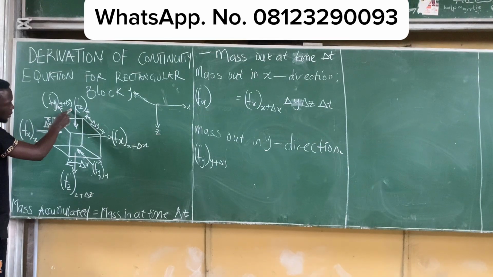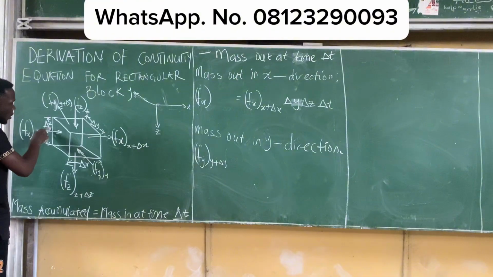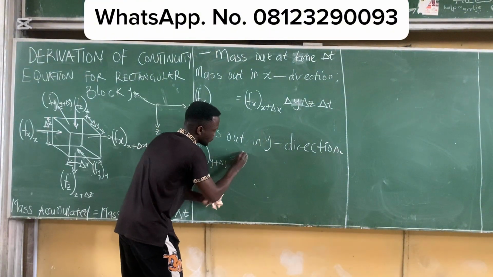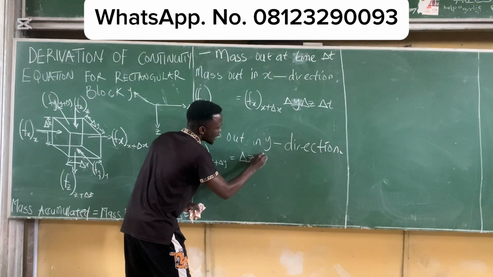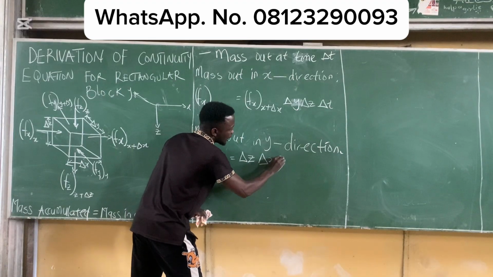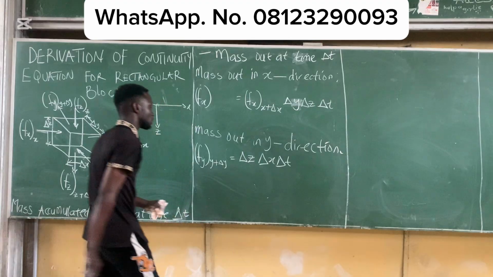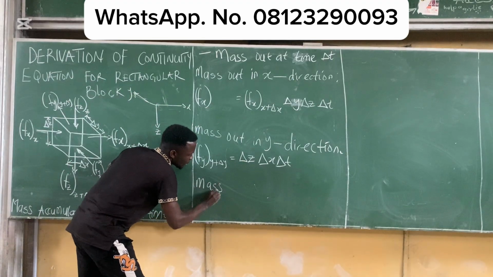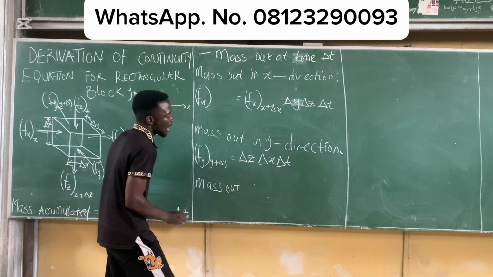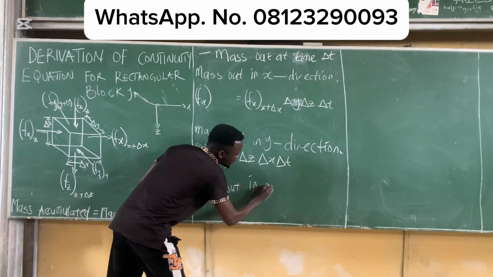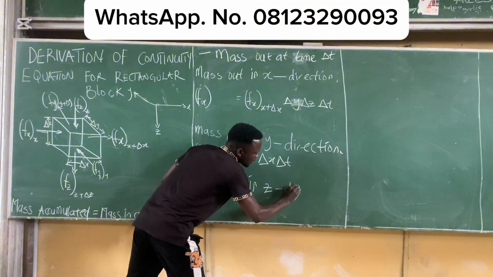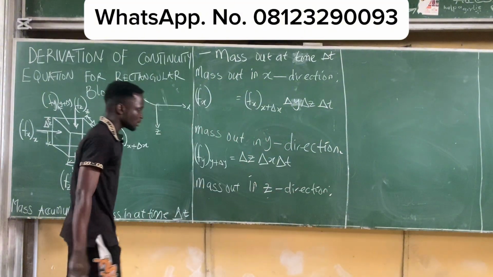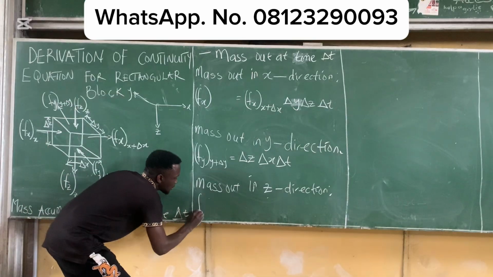Then the area now, this one becomes 0, it becomes delta z, delta x, times delta t. The next step is to get the mass out in z direction. Mass out in z direction is also the same concept.